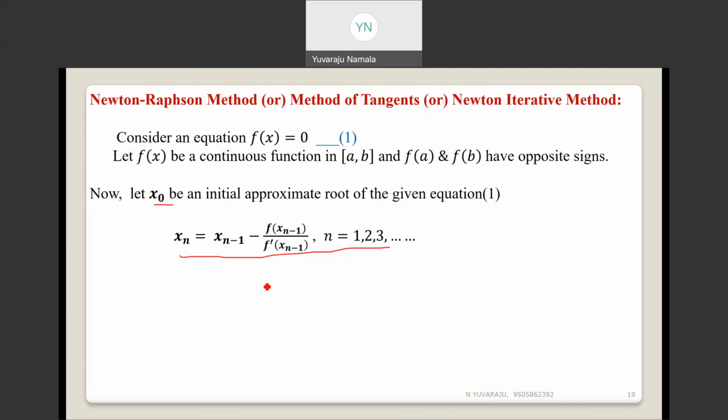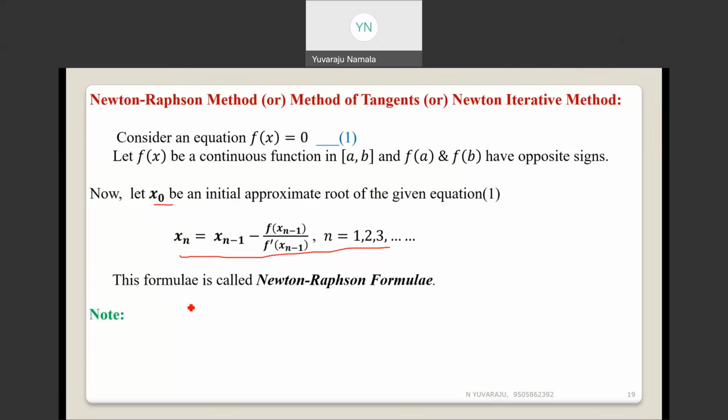Next, n is equal to 2 gives the second approximation, n is equal to 3 the third approximation, and so on. We keep finding the approximate solutions. When any two consecutive approximations are equal, that is the required root of the given equation. This formula is called Newton-Raphson formula.